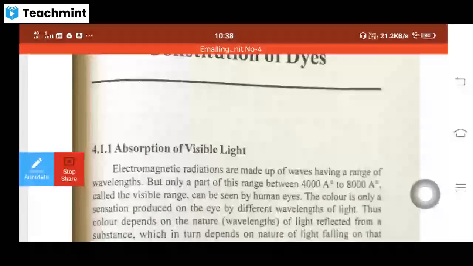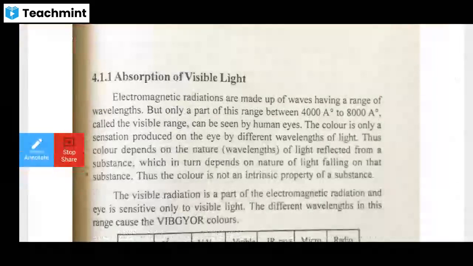The color of the light, the color of a particular dye, is visible only because of the wavelength of the light absorbed and reflected by that material falling in the visible region.